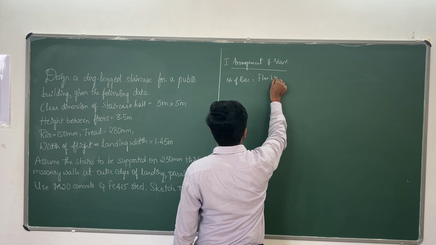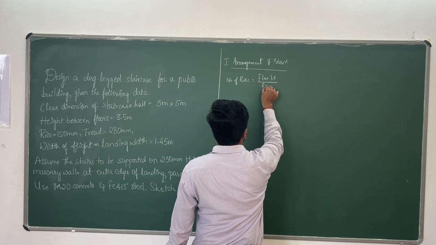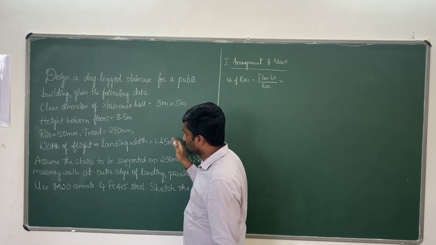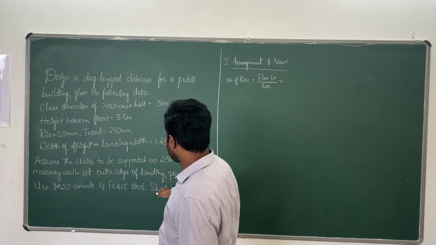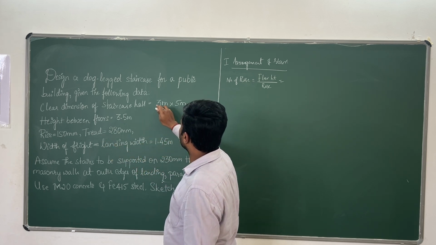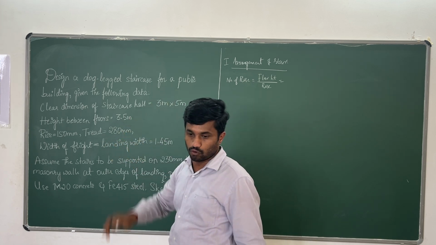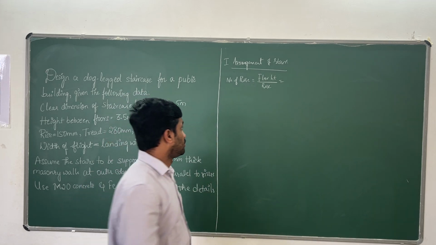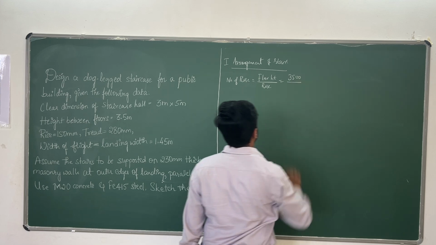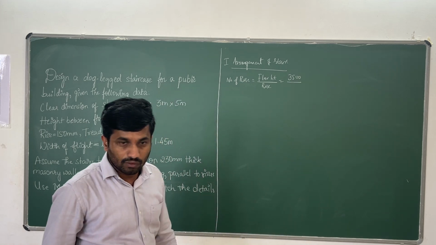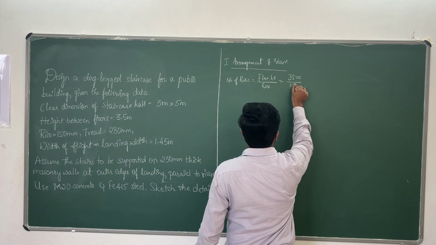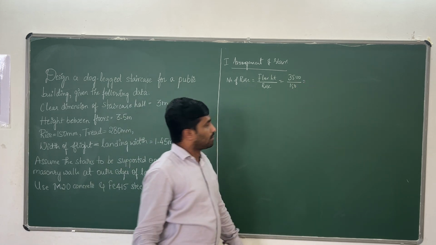The height between the floors is 3.5 meters, that is 3500 mm. The rise value is given as 150 mm. Please compute the number of rises.